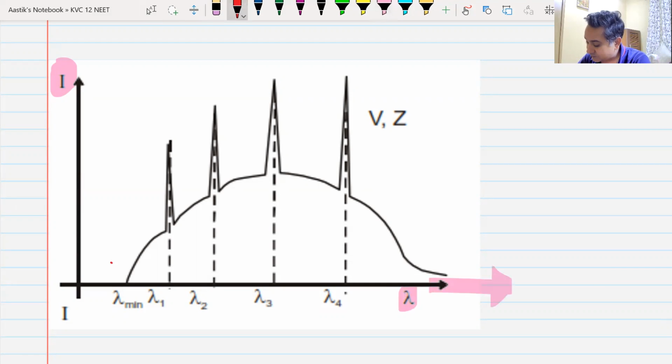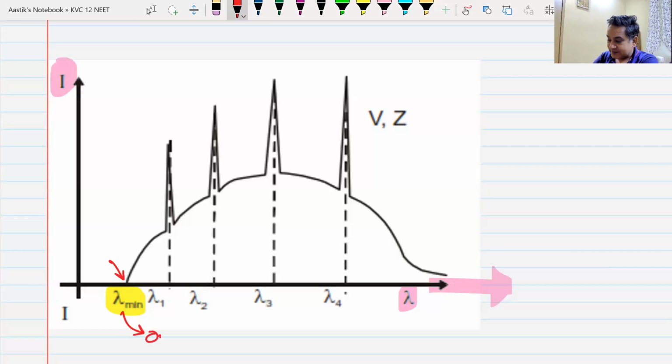As you can see, this graph starts from this point. This point is what your minimum wavelength is all about. On what factor does this minimum wavelength of the emitted X-rays depend?